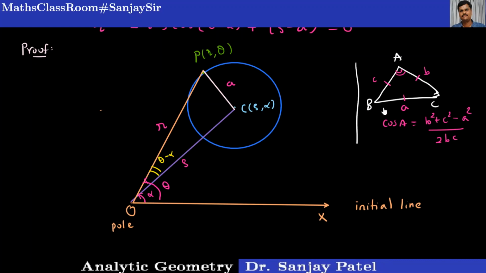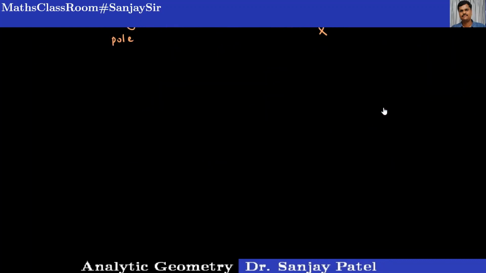So I am going to use this cosine rule for deriving this equation. First of all, let me write the construction part. Let P(r, theta) be any point on the required circle.